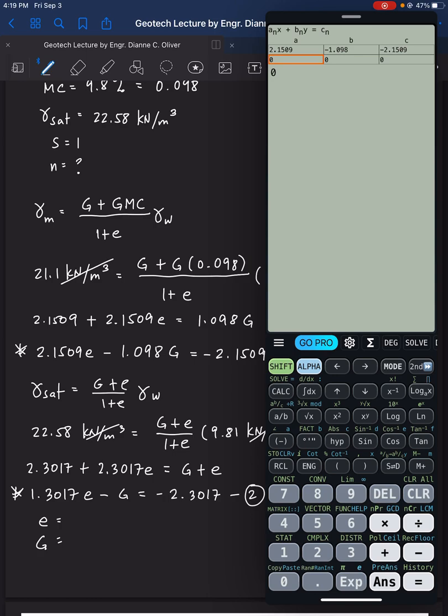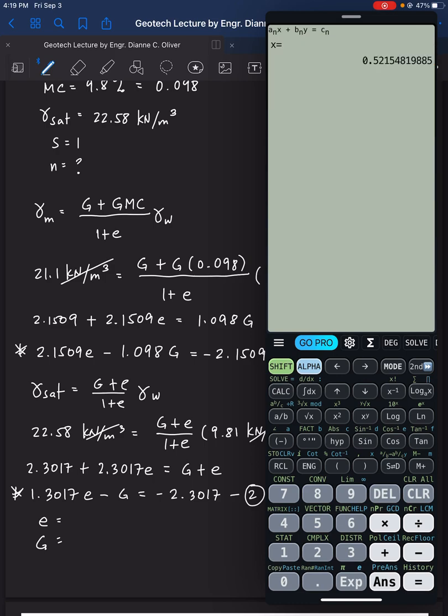Next, we have the 1.3017. Next, negative 1. Next, negative 2.3017, equals.